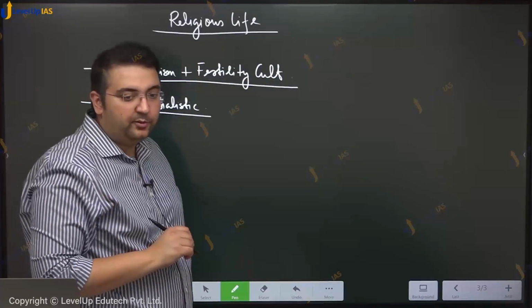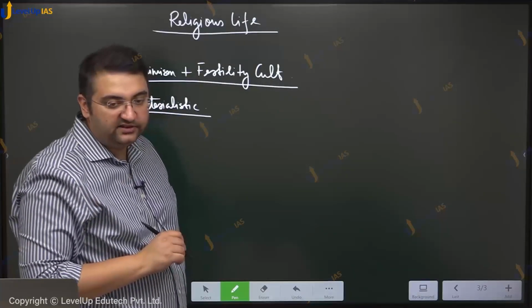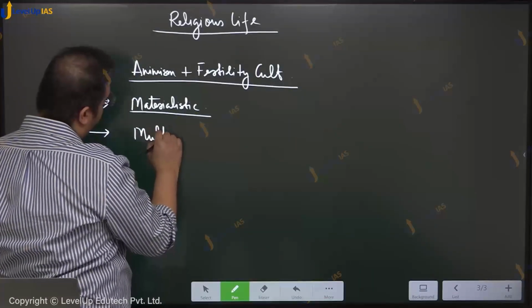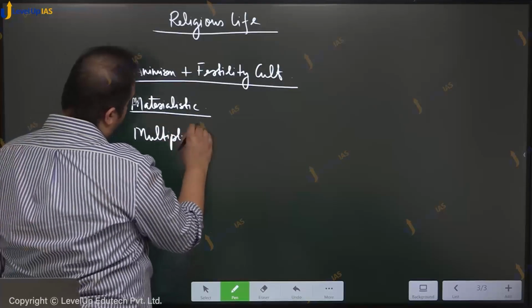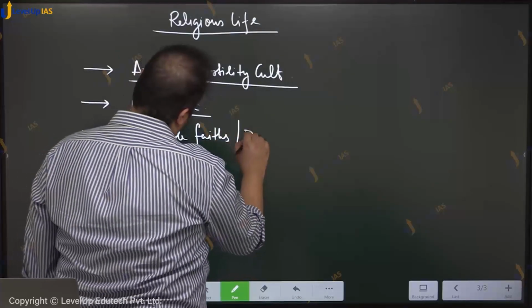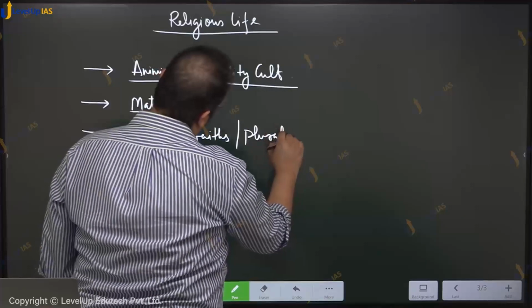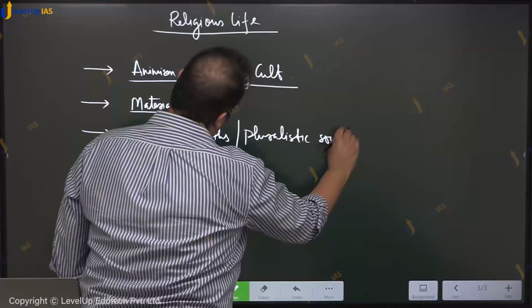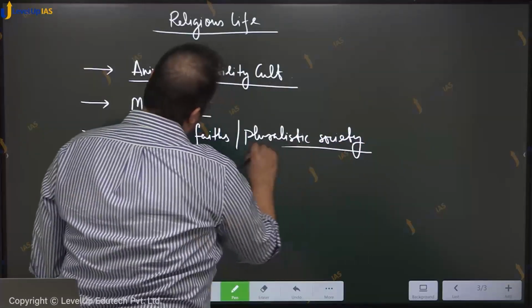Was there any single dominant religion or multiple faiths coexisted? It was a pluralistic society.